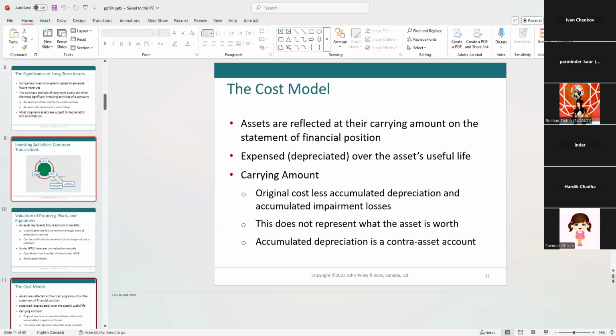So if you see GST, don't include it in the cost of the asset. If you see provincial taxes, yes, include it. But if you see GST, don't include.